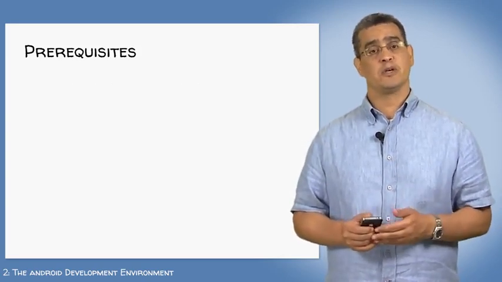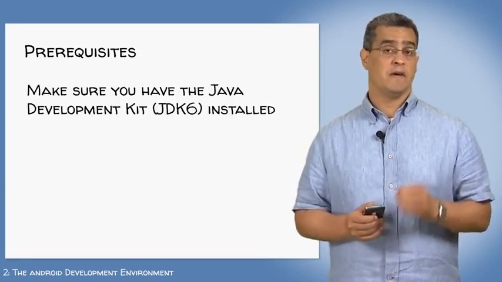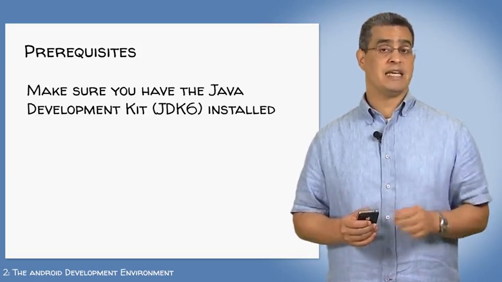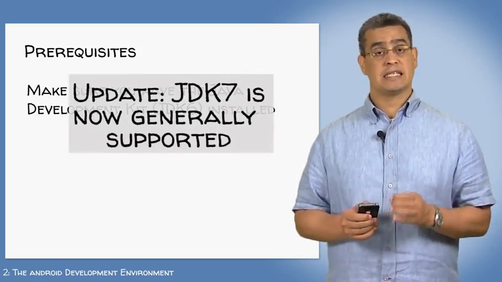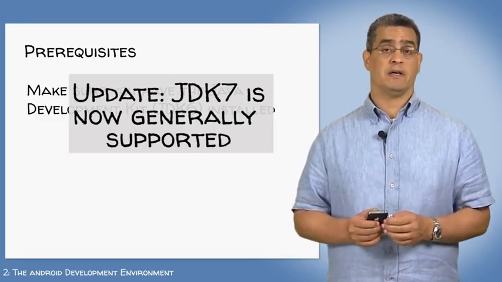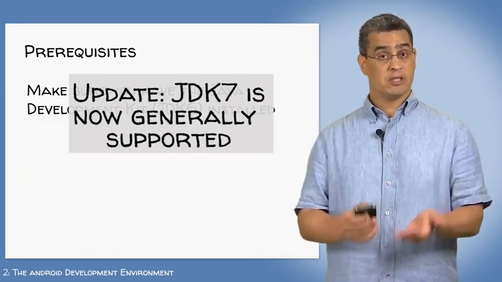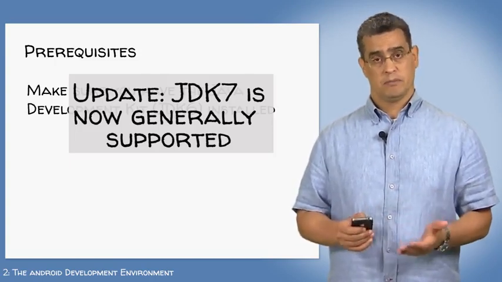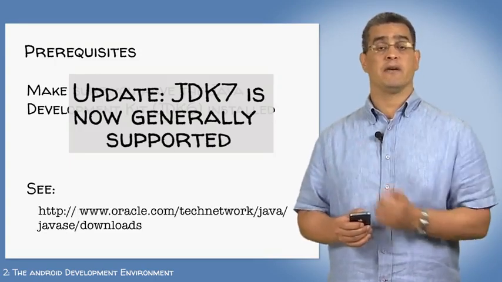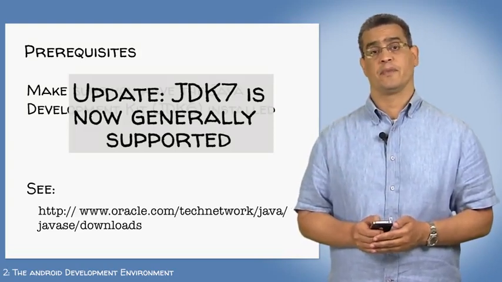Now, you should also make sure that you have the Java Development Kit version 6, or the JDK 6, installed. And be aware that JDK 6 is not the latest version of Java. So some of you may have version 7, but that's not fully supported by Android. Again, check the following website for more information.